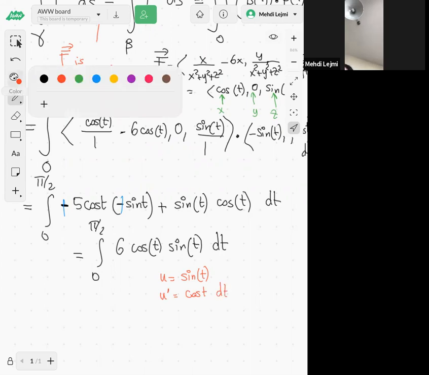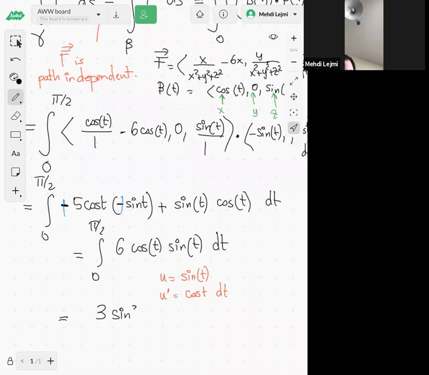So if you use a substitution, then that will be equal to just 3 sine squared of t, t between 0 and pi over 2. So sine of pi over 2 is 1, 1 squared is 1, so 3 times 1, that will be 3 minus sine of 0, which is just 0, so the answer would be just 3.